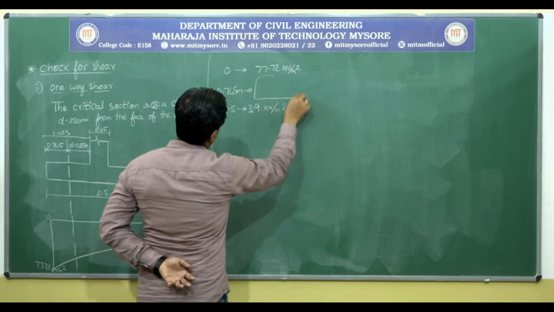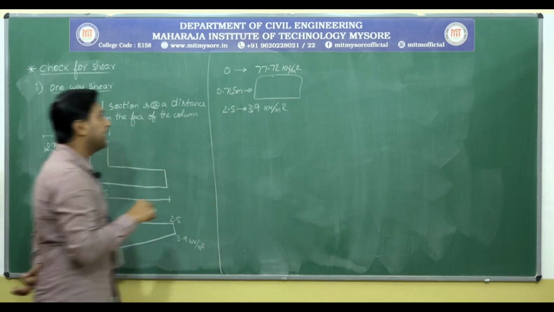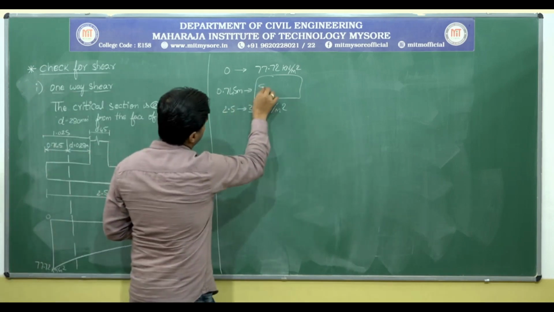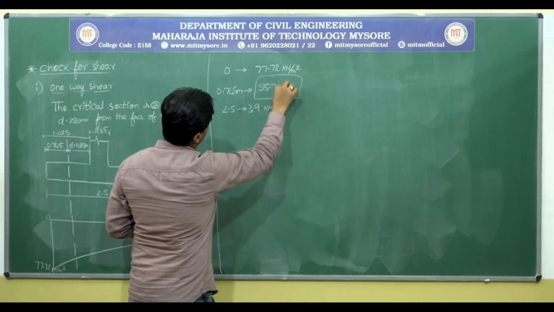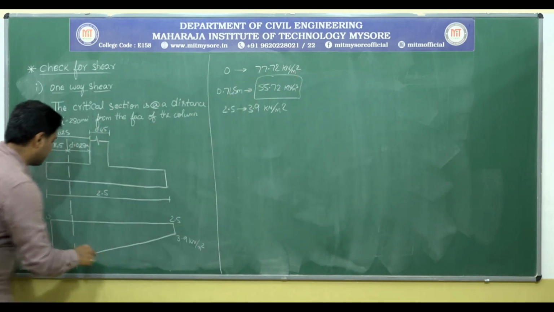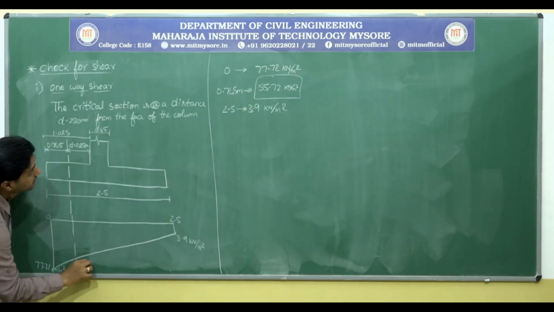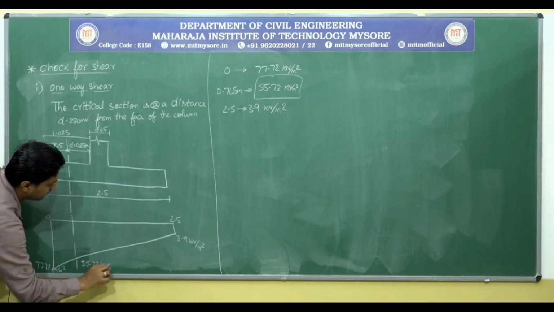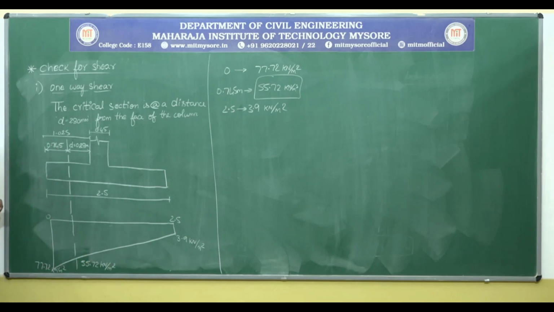After doing the interpolation, the value that we are getting here is 55.72 kilonewton per meter square.